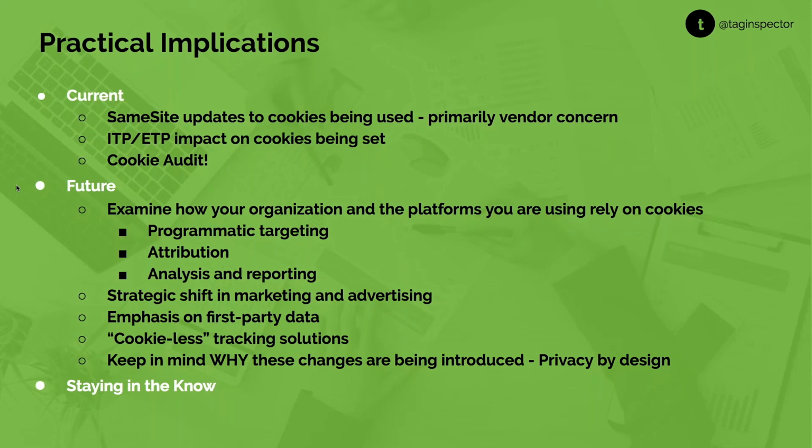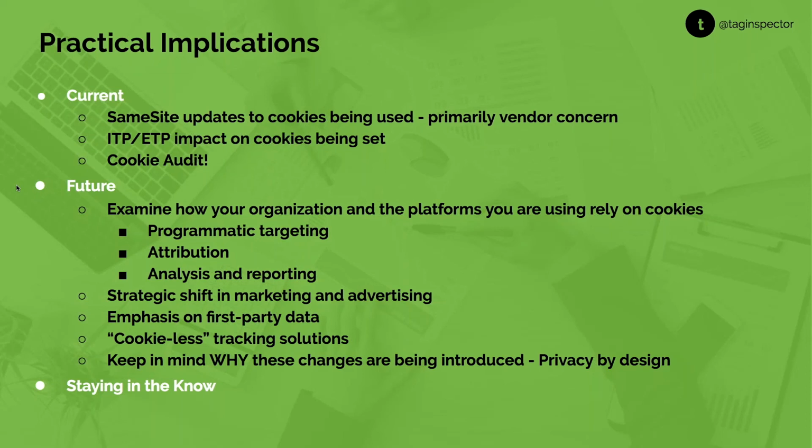Final thing here that's really important is just staying in the know. These updates are happening constantly. As we saw with the ITP, ETP slide there, there were 2 different updates last year for ITP. The Chrome updates obviously just recently came out, with that 2-year period where they're trying to update and limit the use of third-party cookies.